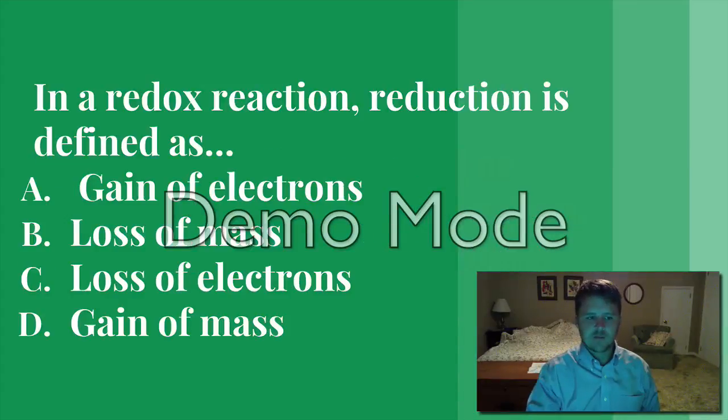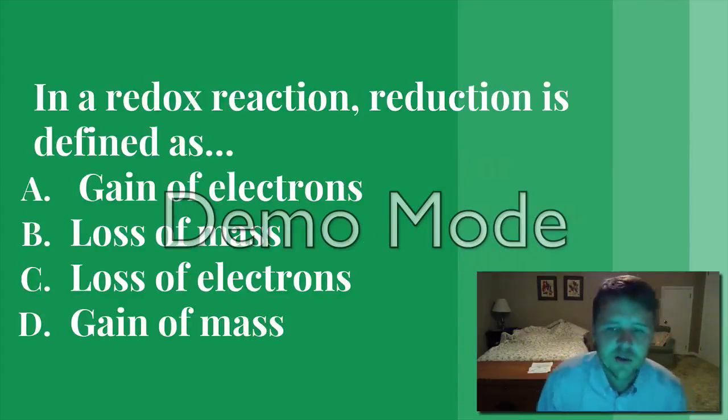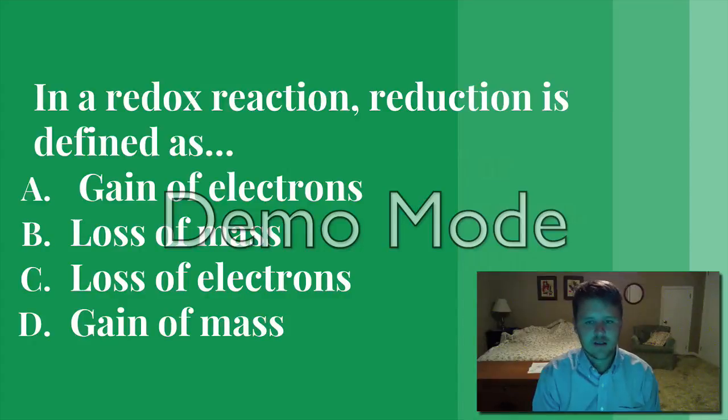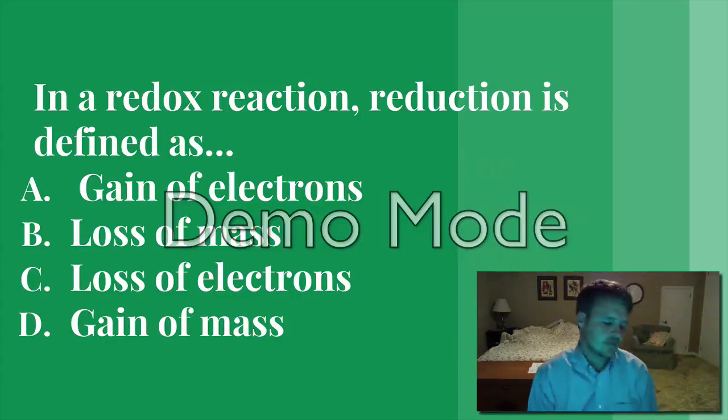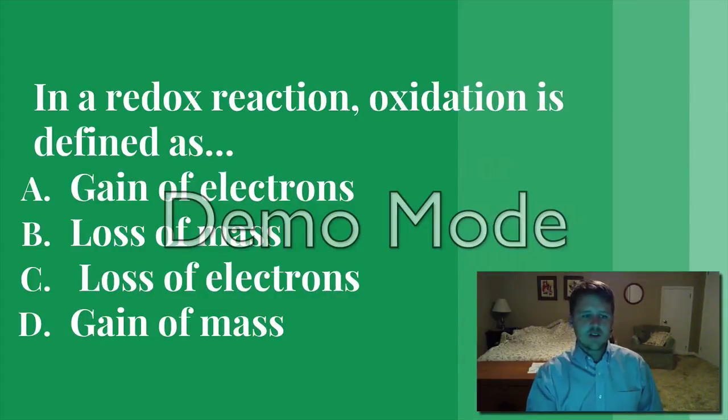So, in a redox reaction, reduction is defined as what? Reduction is defined as gain of electrons. Oxidation is defined as loss of electrons.